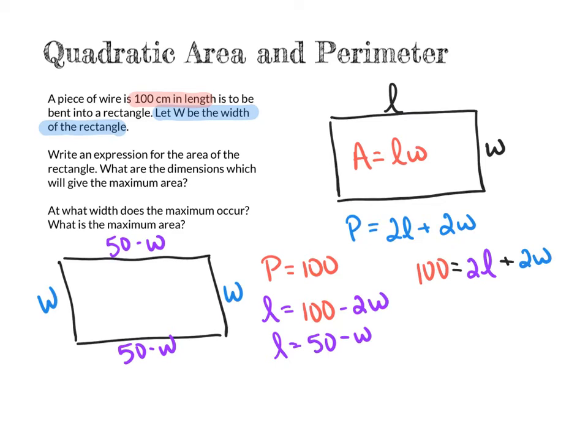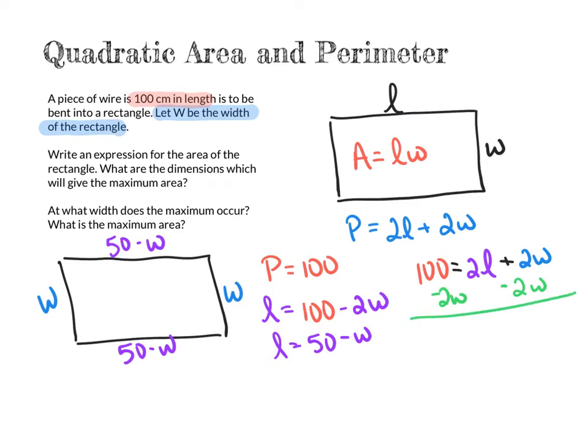Well, if I want to get an equation for W, what I have to do now is I need to move things around. I need to start solving for different variables. And I want to write L in terms of W. So that means I need to get L by itself. Because when I get L by itself, I'll have an equation with a W in it for L. And the goal is to replace that L with something with W. So to get L by itself, I'm going to subtract off the 2W on both sides. So I'll subtract 2W from both sides.